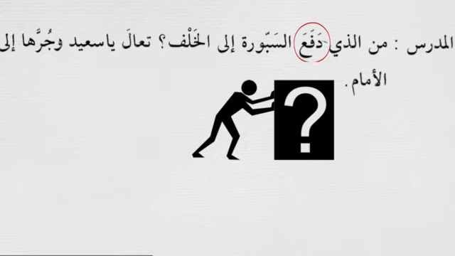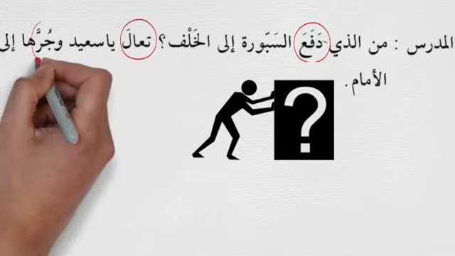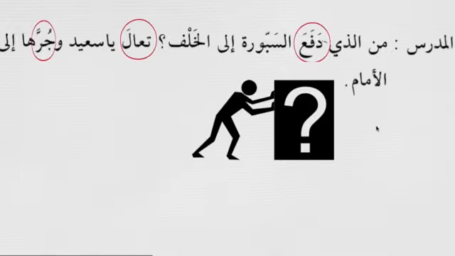So jurra means push it. That's the fa'al amr again, jurra is fa'al amr, push it. Ilal amama, push it to the front. So somebody has pushed it back. Man alladhi dafa'a as-saburata ila al-khalf? Ta'ala ya Sa'id wa jurraha ila al-amam.